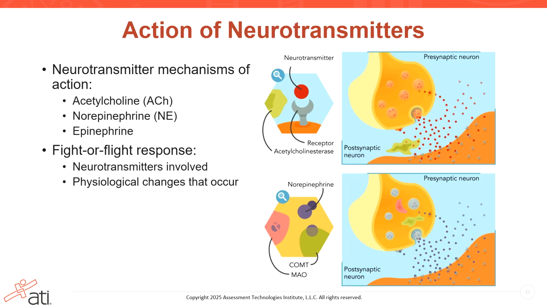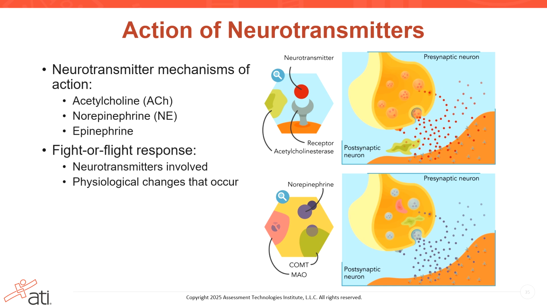An example of what I'm talking about with the neurotransmitters would be something like our fight or flight response. Think about if someone comes up behind you and scares you, you don't have to stop and think, oh, I'm scared, my heart needs to beat faster. Your body automatically sends out those neurotransmitters, and it says, hey, we've got a problem here, we're in danger.